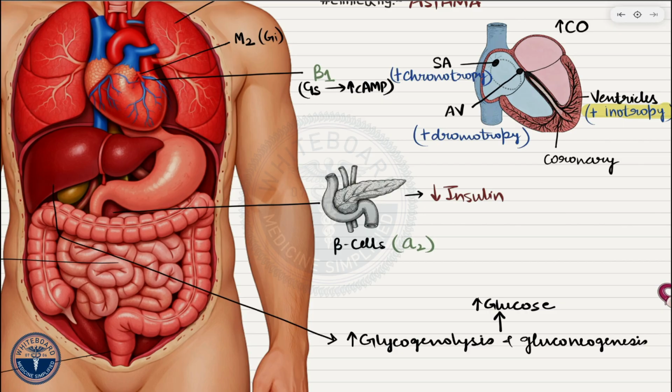Together, these processes increase blood glucose levels and ensure that vital tissues have an adequate supply of fuel during an emergency. At the same time, beta-2 receptor stimulation also promotes lipolysis, which breaks down stored fat into fatty acids. This is important because the energy released from fat metabolism helps support gluconeogenesis in the liver. In other words, the body is mobilizing all available energy stores to prepare for the increased demands of a fight or flight situation.